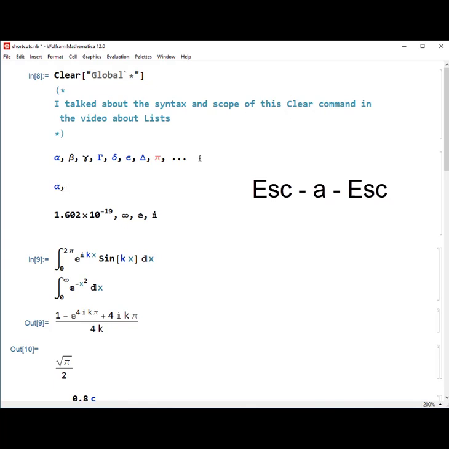And I can get the capital Greek letter gamma. I'm going to do Shift G for a capital G, and then I'm going to hit escape again, and you see that I get the capital letter gamma. Let's do pi. I'm going to do escape P and then escape, and I get pi. So those are the escape sequences.